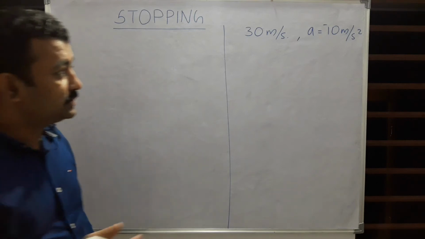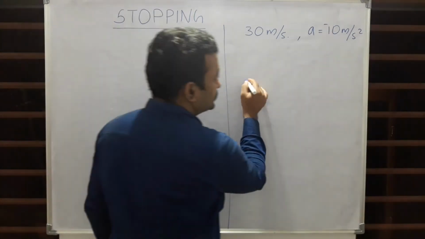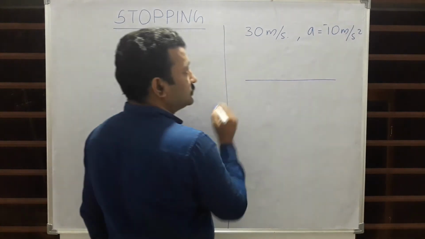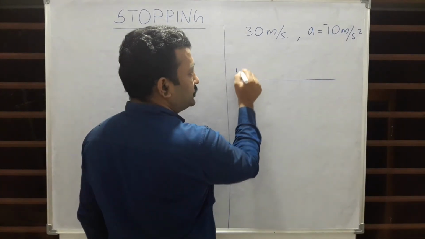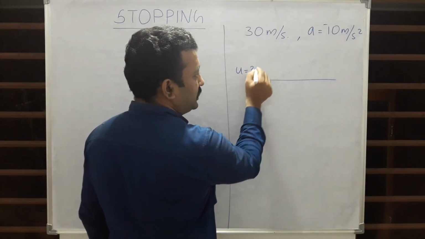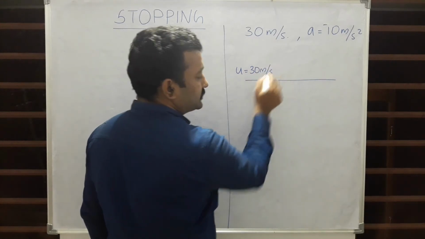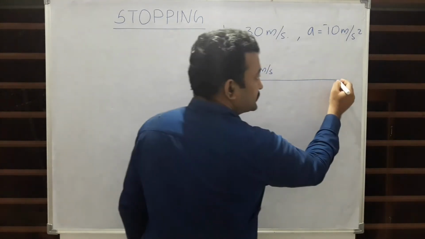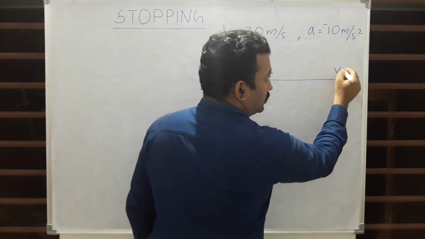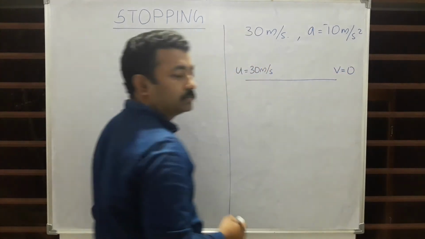So let me draw the situation. I've got a car which was moving initially with a velocity of 30 meter per second. It is coming to halt, V is equal to 0.